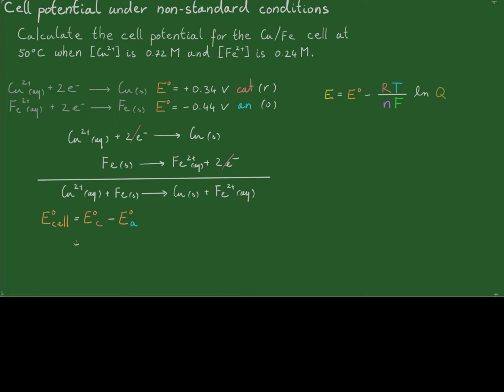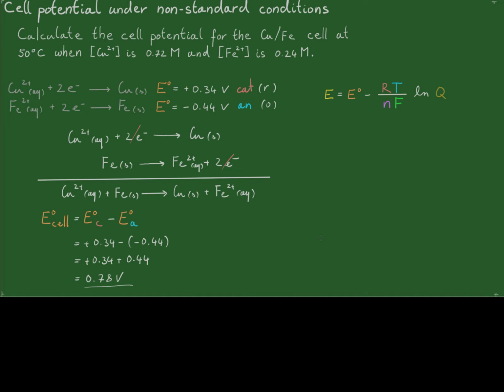In our case, that is plus 0.34 minus negative 0.44. Minus and a minus give a plus, which means the standard cell potential is 0.78 volts.